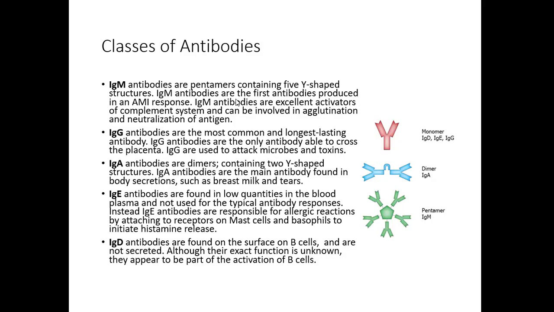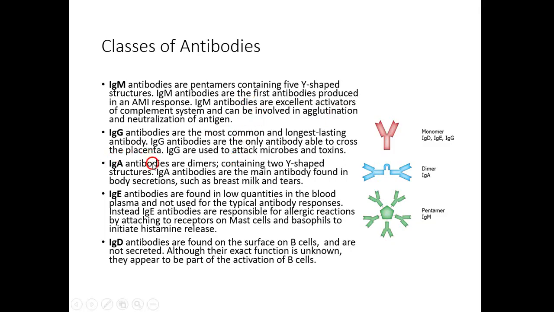The second antibody is IgG, the most common, or largest percentage of antibodies, and it helps with attacking microbes and toxins directly. One thing to remember about IgG antibodies is it's the only one able to cross back and forth from the placenta to help provide immunity to the fetus as it's developing.